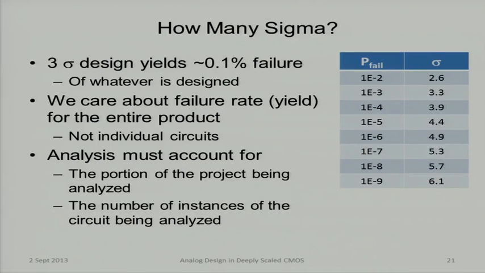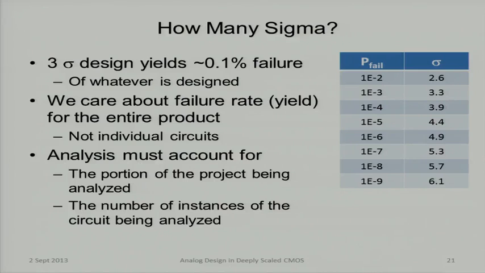And depending on the probability of failure that you're willing to live with, you can figure out how many sigma I want to look out in the distribution. And what I find for most of my I/O circuits, you want to be somewhere in this kind of range, 4 to 5 sigma. SRAMs can often get down to this level. But the 4 to 6 sigma range, when you're talking about analyzing your circuits, is very interesting.